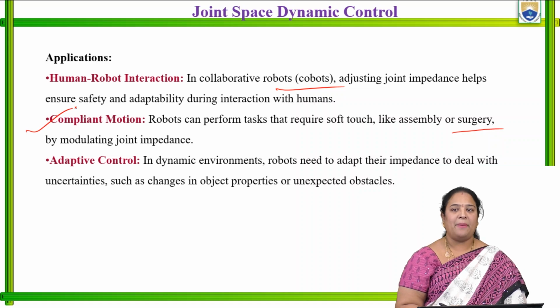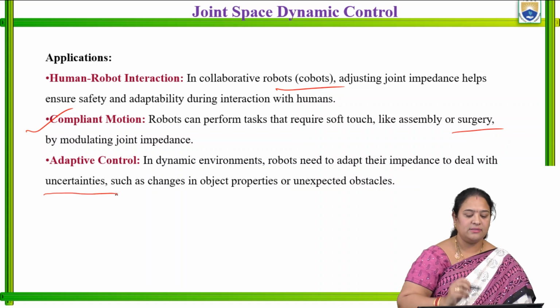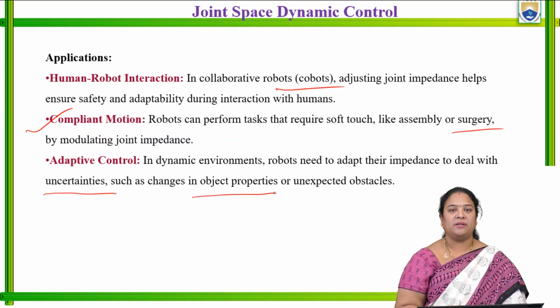Next, coming to adaptive control. What do we mean by adaptive control here? This adaptive control is one form of application, implemented to deal with uncertainties such as change in object properties or unexpected obstacles.